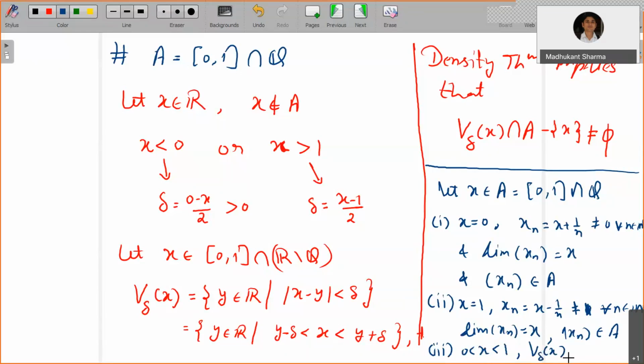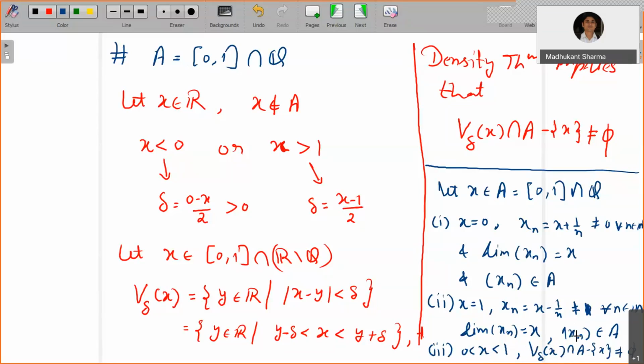The density theorem tells you that it will always intersect with A and contain at least one point of A other than x. Then the density theorem again implies that every neighborhood contains at least one point of A other than x.